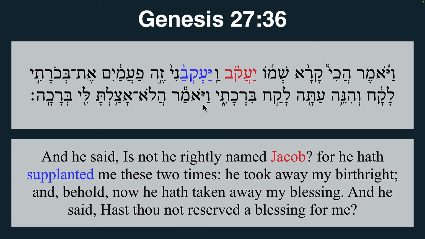And so these four letters highlighted in blue and these red letters are pretty much the same. The vowels are slightly different because this is in the verb format and the grammar rules require them to change because they are part of a bigger word. But at the end of the day, Jacob's name is actually derived from this verb which means to supplant or to catch by the heel.